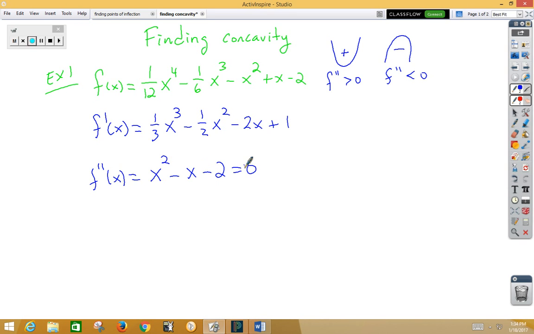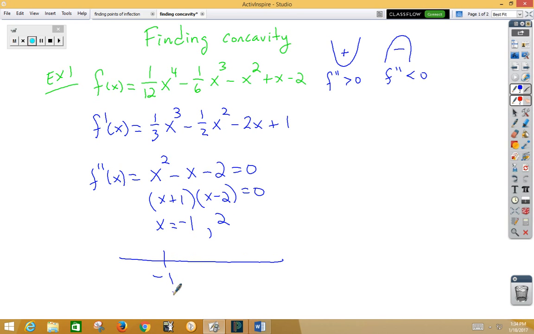Set that equal to 0. Solve, generally by factoring. So we would get an x plus 1 and an x minus 2, giving us potential places for changes of concavity at -1 and +2.